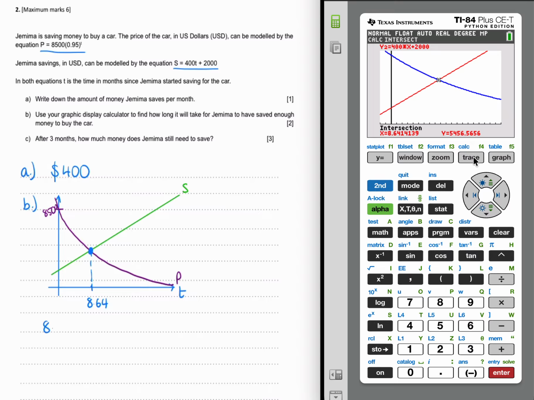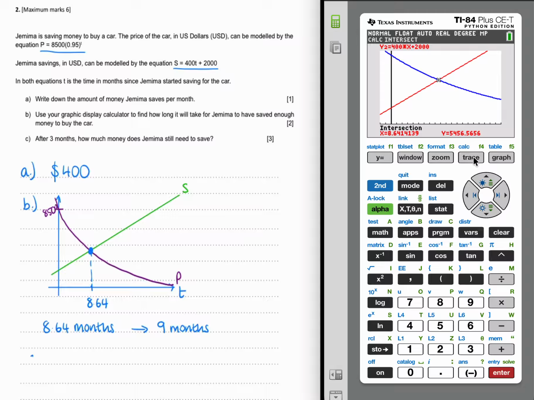Now, if it's at 8.64 months, obviously she's not adding money halfway through a month. She's doing it per month. So at 8 months, there's not going to be enough, and therefore it's going to take her until 9 months. So we need that integer value to have enough money to buy the car.